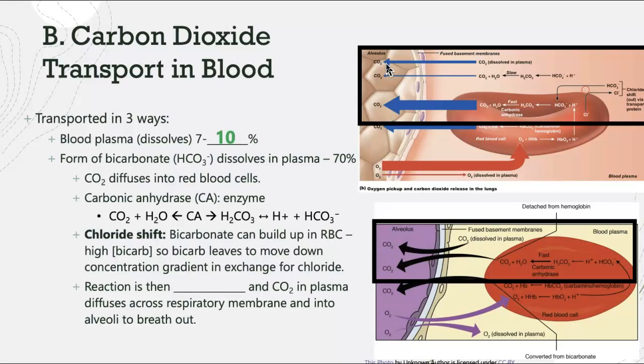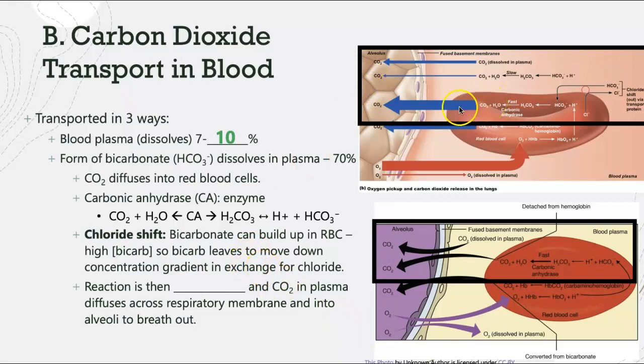Then we are going to see that our carbon dioxide is able to kind of hide in our red blood cell and then out into our plasma as bicarbonate ion, and that is going to make up about 70% of our carbon dioxide. Now you could see this phenomenon taking place here in our red blood cell.